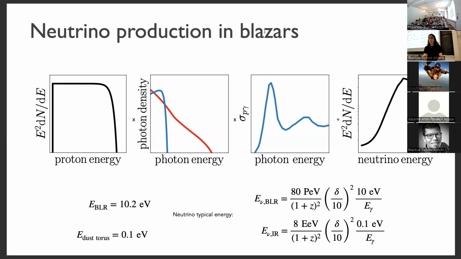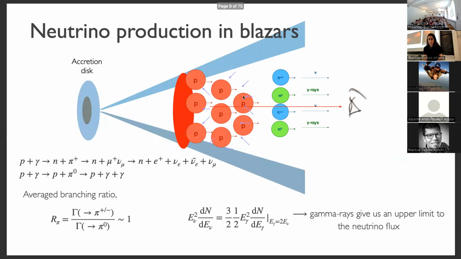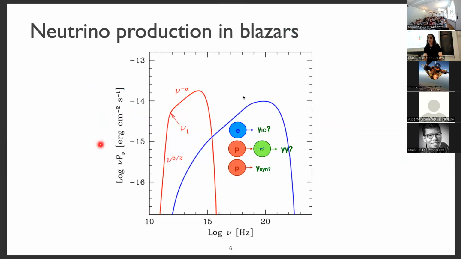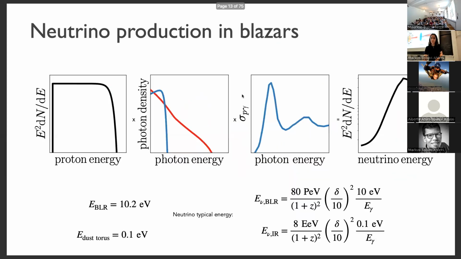Now, this is basically this blazar or a similar one. This is energy flux here. Sorry that I have this, this is astronomy, I should have changed. Anyway, this is also E² dN/dE. So energy flux, the number flux is what we saw in the other plot here.